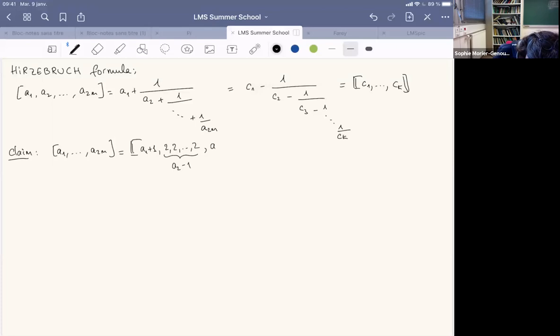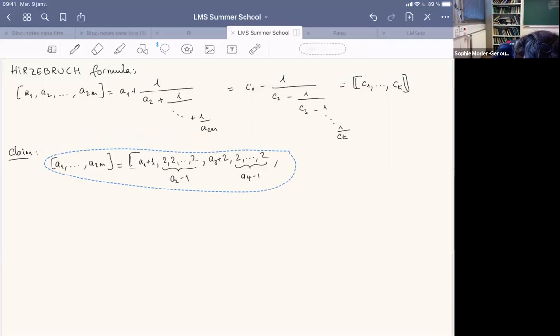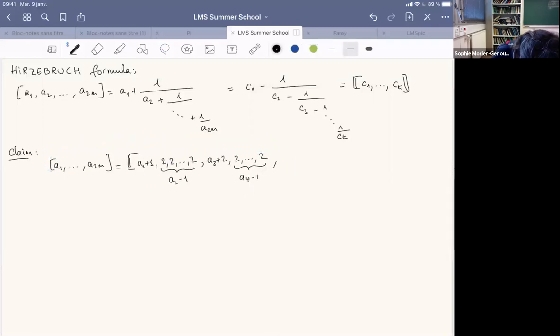Then I write A3 plus 2, and then a sequence of 2's, A4 minus 1 times. There will be some collapse here. And so on, up to the end, A2m minus 1 plus 2, and then a sequence of 2's, A2m minus 1 times.